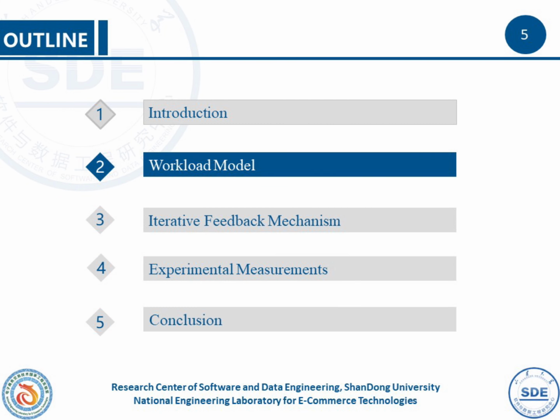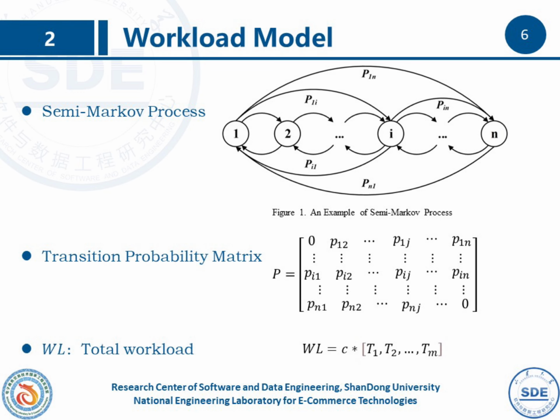Next is workload model. In web systems, the workload can be modeled by Markov function in general, such as RUBiS. In this paper, we not only consider the user tasks, but also the impact of each task on each tier.